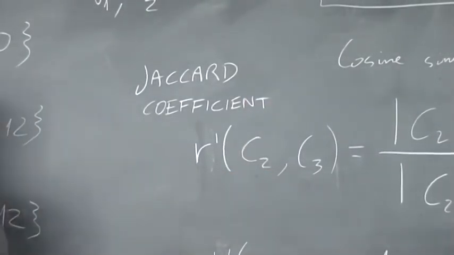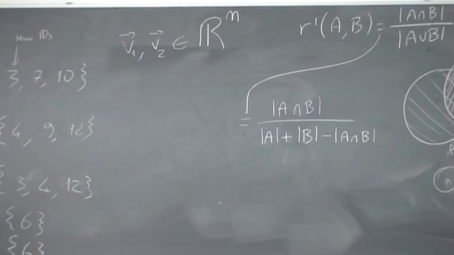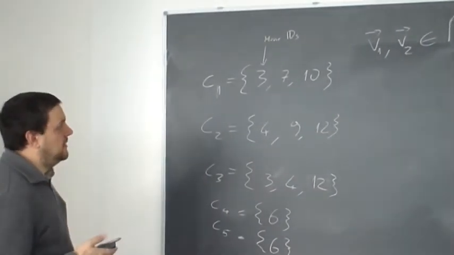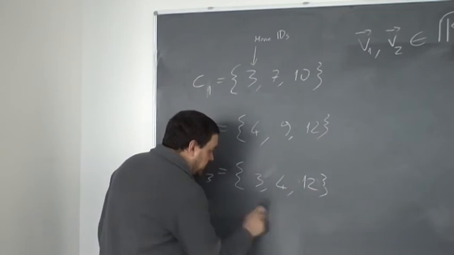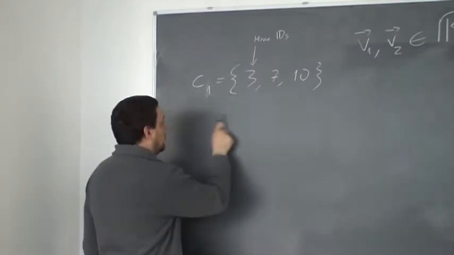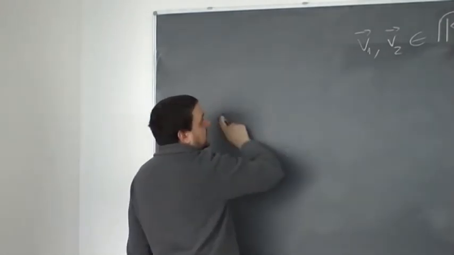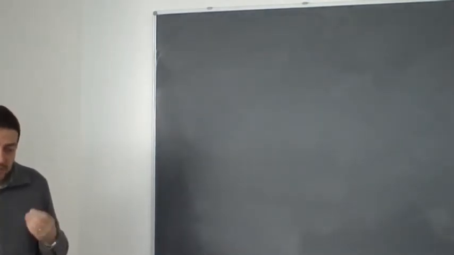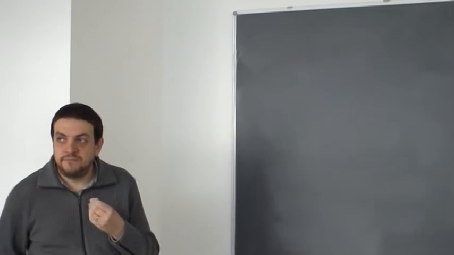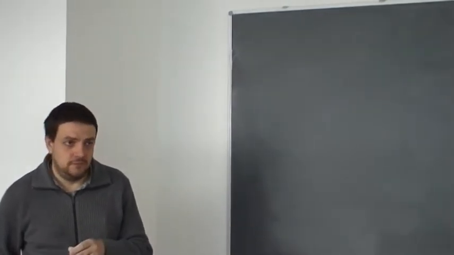Of the two sets. Okay, we have seen another possible internal representation of elements, of objects as sets. Actually, there is one important case where we can easily use these representations. These representations, both vector and set, come in handy when you're working on documents.